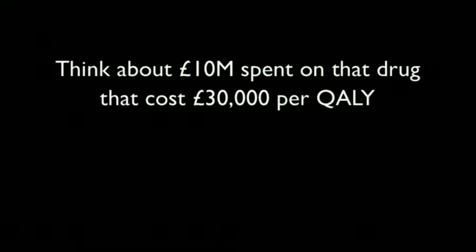Specifically, suppose that the budget for healthcare is £10 million. And then let's just use the threshold price that the UK has said it will pay to get one quality adjusted life year, and the price is £30,000. Let's think about how many quality adjusted life years could be purchased with £10 million if the cost of one quality adjusted life year was £30,000, or if we were only buying drugs where the price was £30,000 per quality adjusted life year.